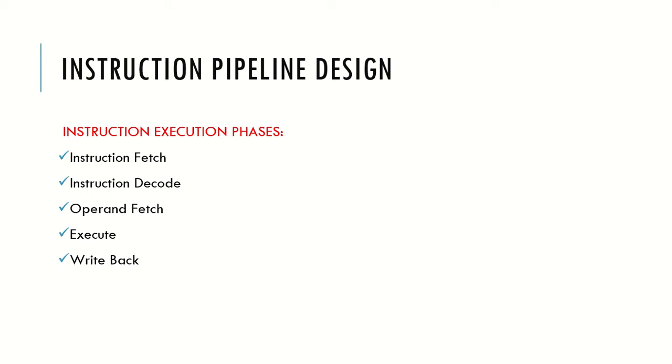In some pipelines, the operand fetch and execute are put together. The instruction is fetched, the system decodes it to know its purpose, and then the operands are fetched and it is executed. These two are combined as one single unit, and finally the results are written back to the main memory. That is about the instruction execution phases.